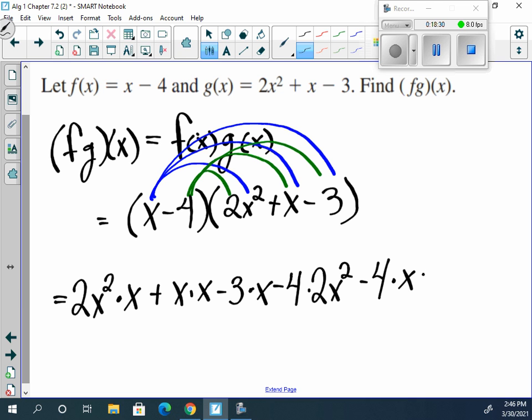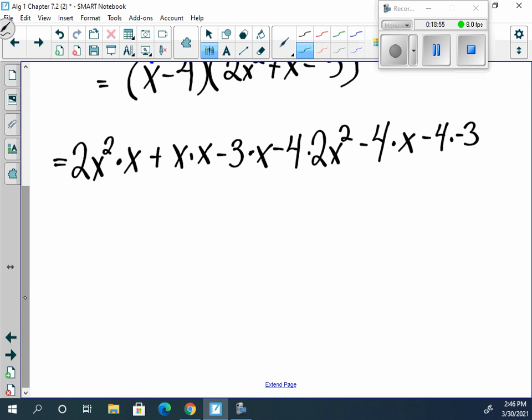And lastly, we're going to have negative 4 times negative 3. Well, we're going to multiply them. I just rewrote them out so we can see them, because we're going to multiply here in a second.